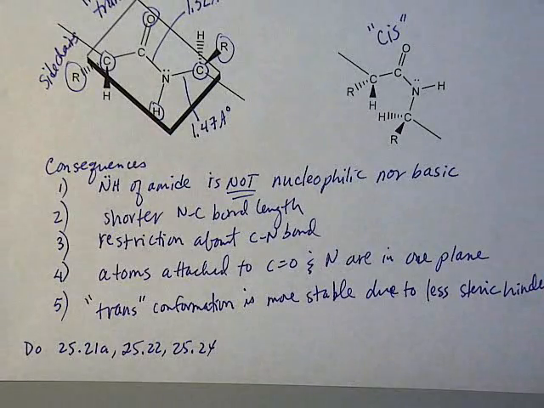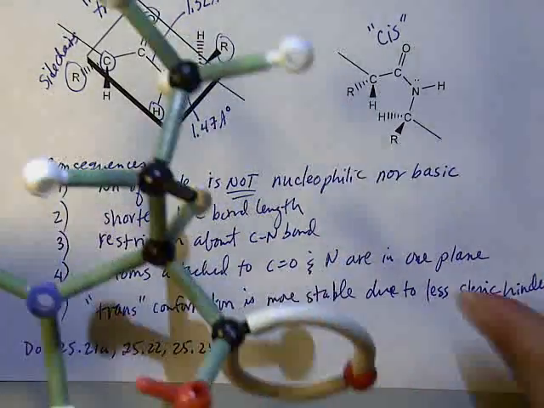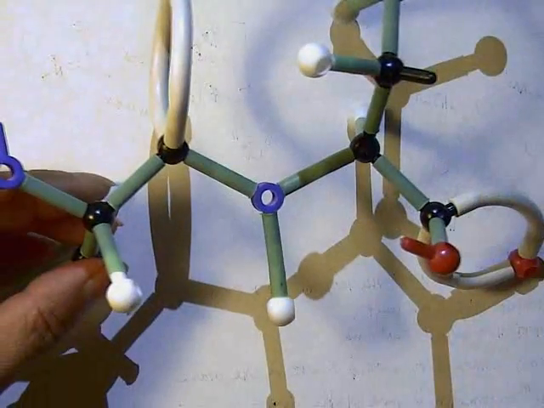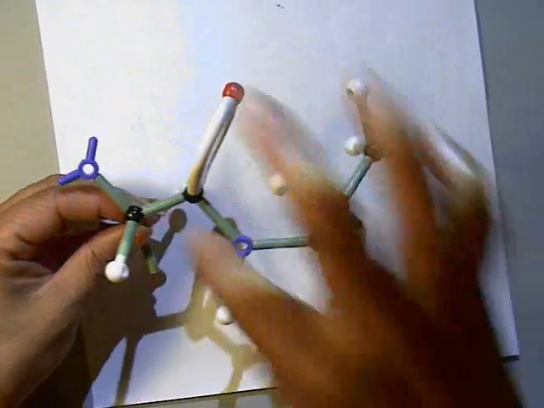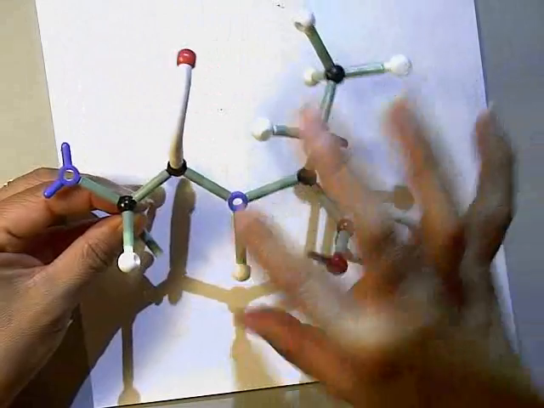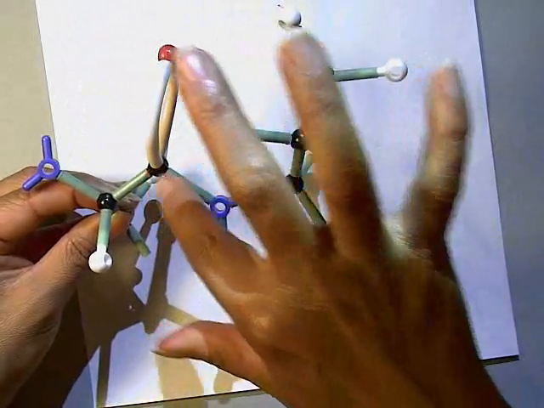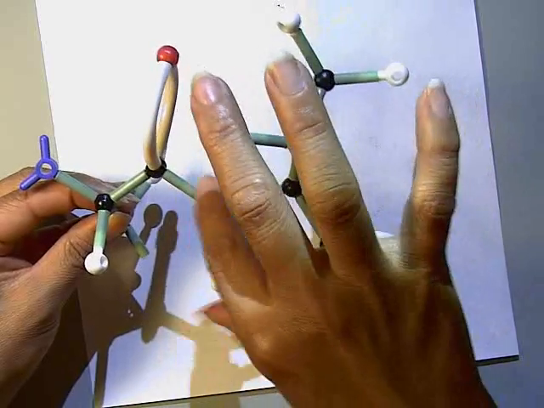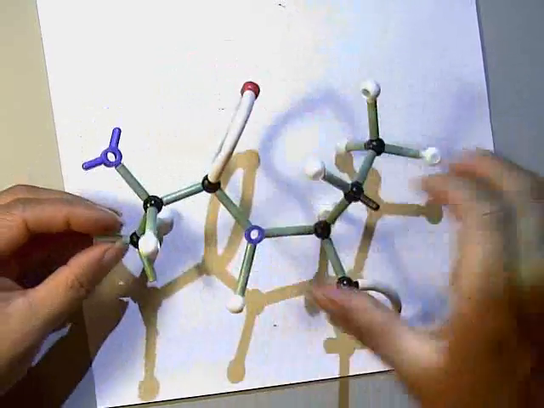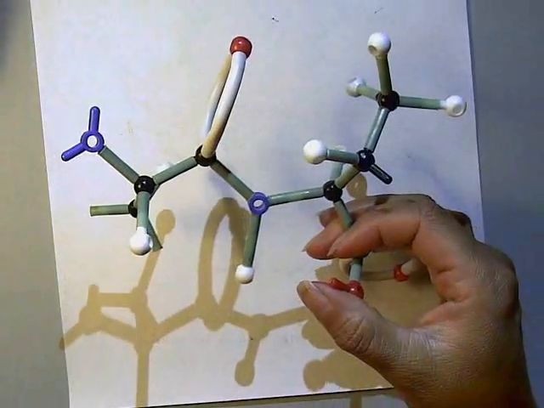Now if you're really curious as to what this looks like physically, what I recommend is that you make a model like this and then take a look at it. So here's a C=O, and here's the nitrogen. This is where the double bond character is, so this bond is sort of fixed. I'm going to do it quickly.